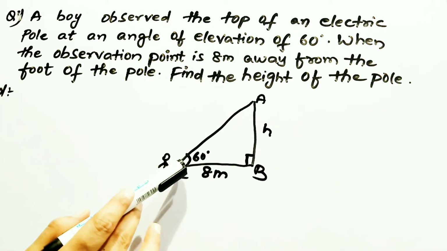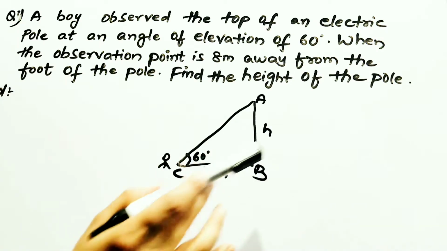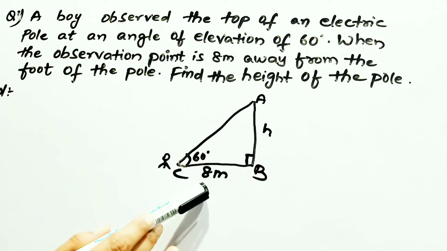The side opposite to theta is the opposite side, and this is the adjacent side. What is the formula? We have already fixed tan theta, sin theta and cos theta. Where you get opposite by adjacent, that is tan theta. We have to use tan theta.